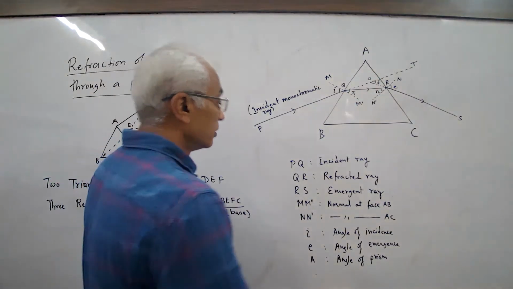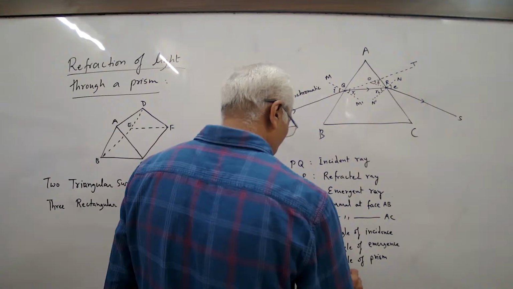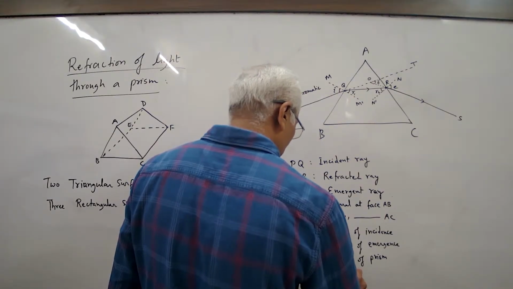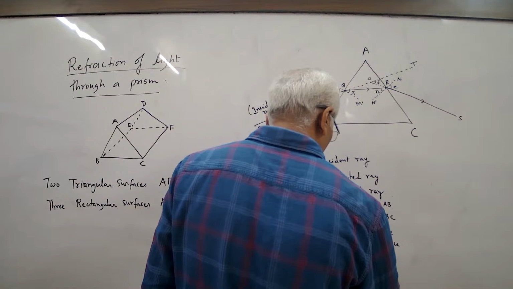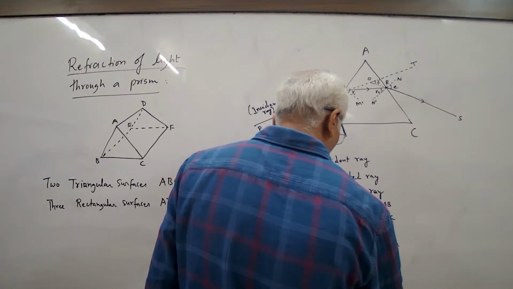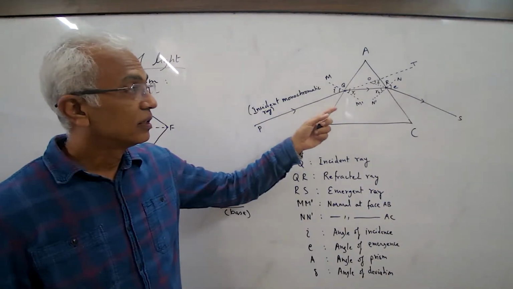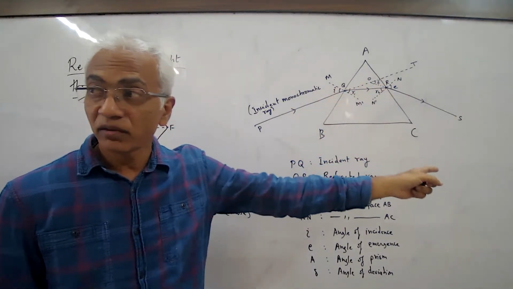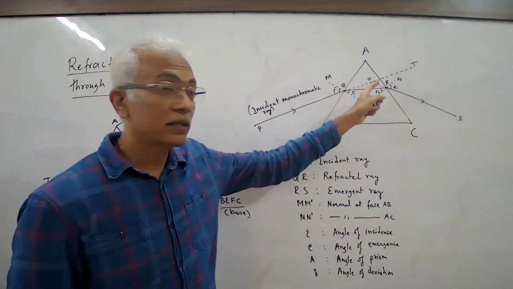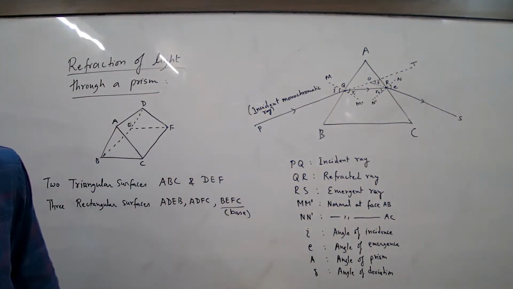Okay. Then you have delta, the angle of deviation. So the angle of deviation is basically the angle between the incident ray and the final emergent ray. Incident ray direction and final emergent direction, that angle. Okay. Now, do you have anything else?